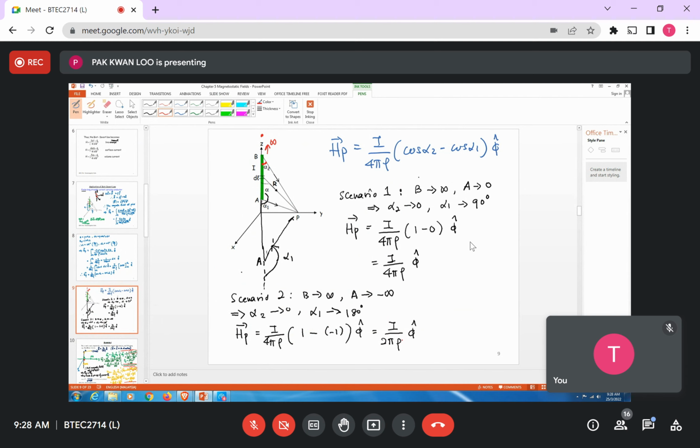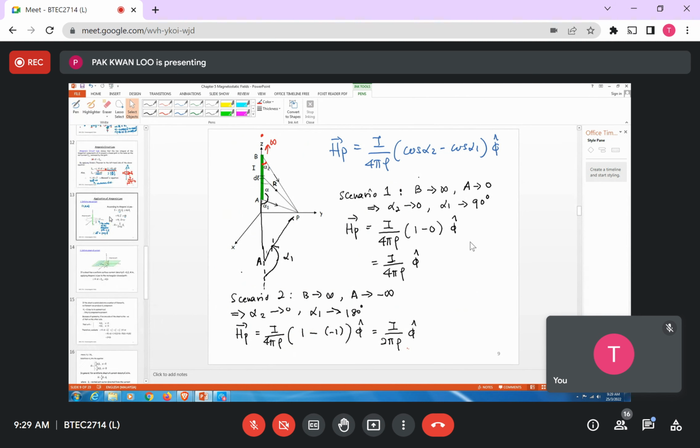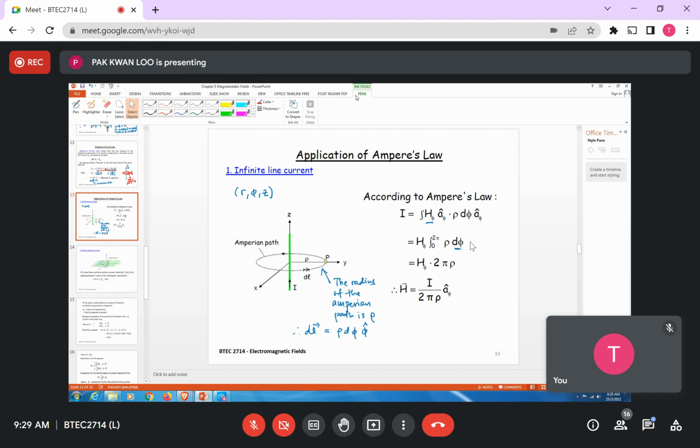Rho is the radius measured perpendicular from the line of current to the point of interest. So from the Biot-Savart law, in the special scenario where A and B tend to infinity, the expression reduces to this, the same as Ampere's law for an infinite line, a very long current-carrying line.